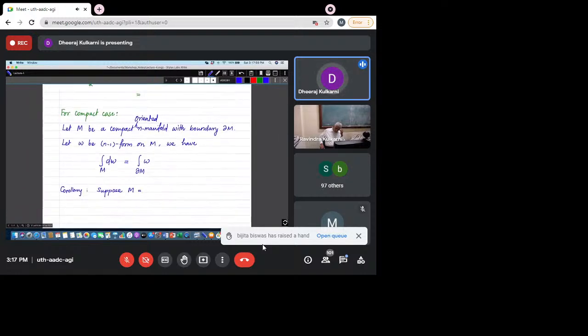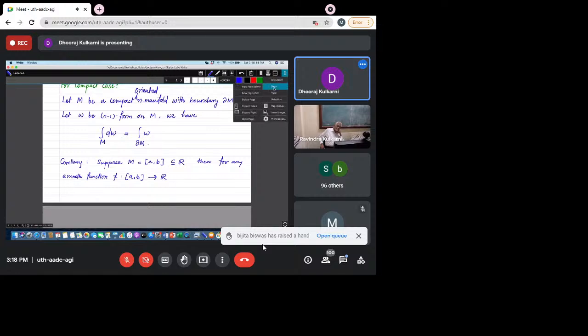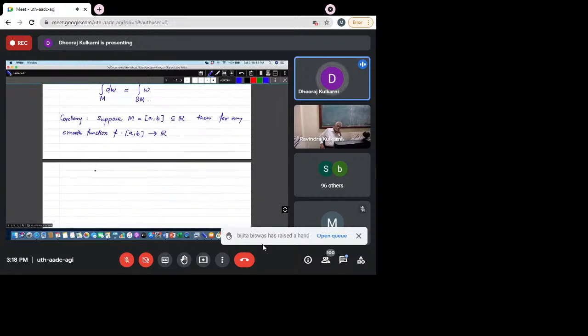With that, we see that if you take M to be a compact interval [a,b] in R, then for any smooth function f, where smooth means it is the restriction of a smooth function on some larger neighborhood containing [a,b], if I apply Stokes theorem I should get the following statement.